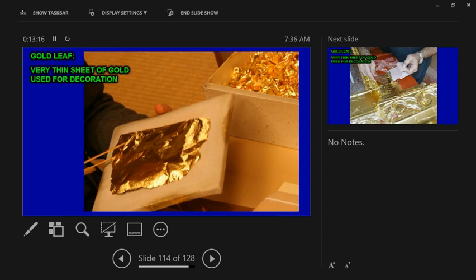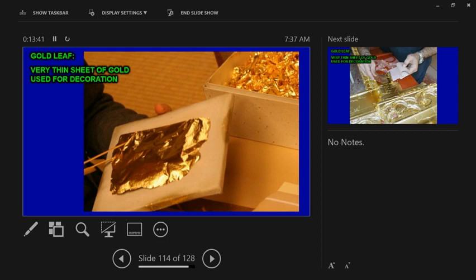Gold is a very unique substance. And the reason why people like gold, not only because it's shiny and pretty, but it can hold together very thin. You can make very thin strips of gold and pieces of gold, and it still carries its shape.